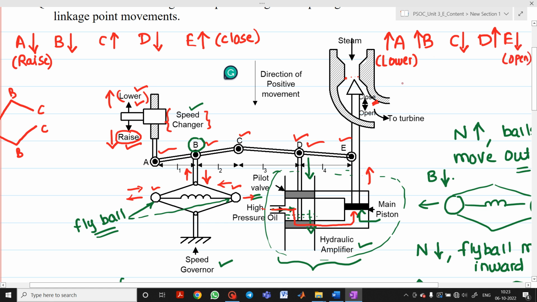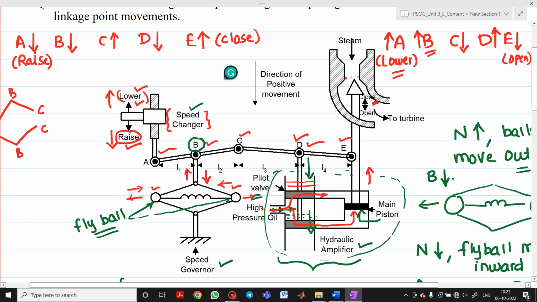So what you observe? Lesser the speed, your B will move in the upward direction, C will be in downward direction. Now here D will be in upward direction. What is the meaning of D in upward direction? Now this high pressure oil will enter from this, because this piston, or we can say pilot valve, will be at this position.